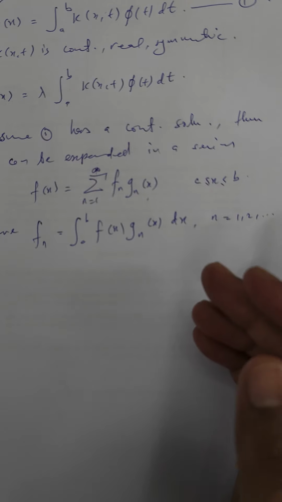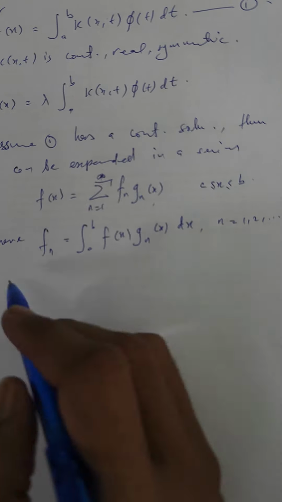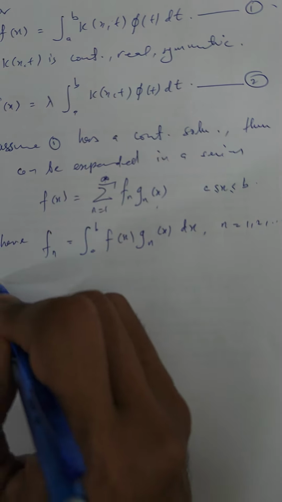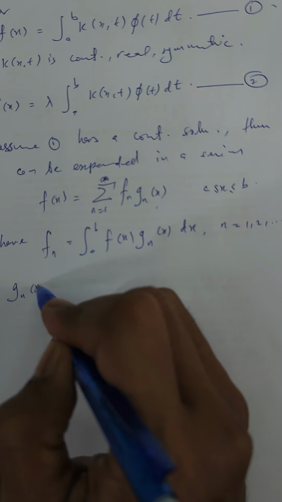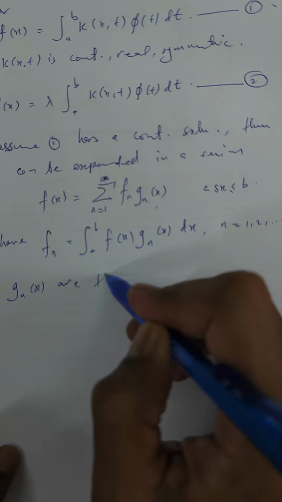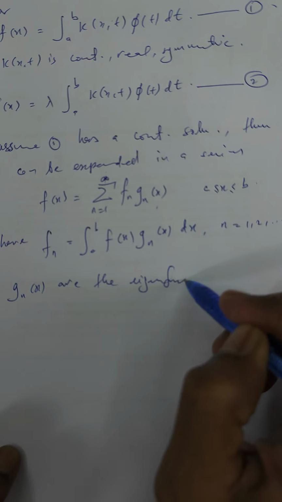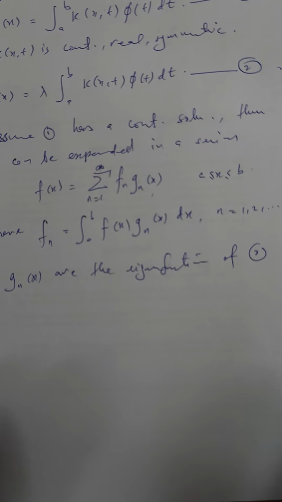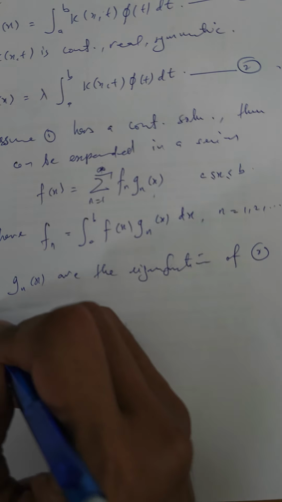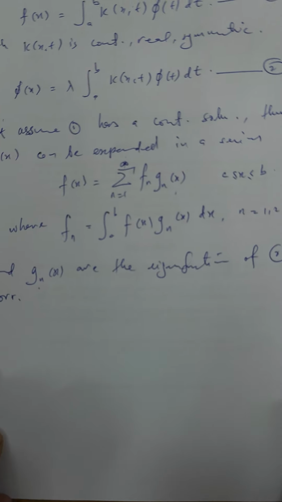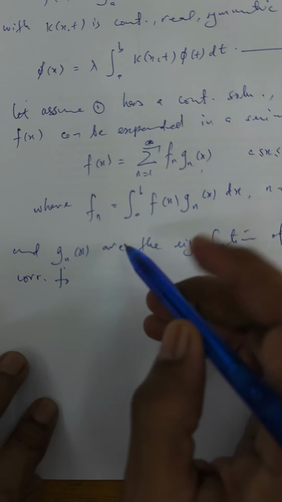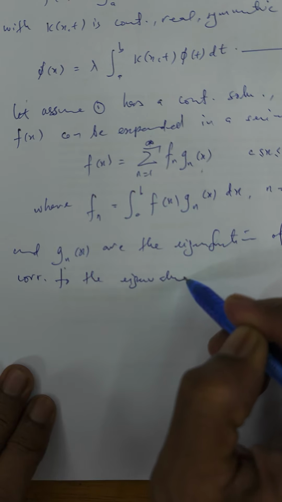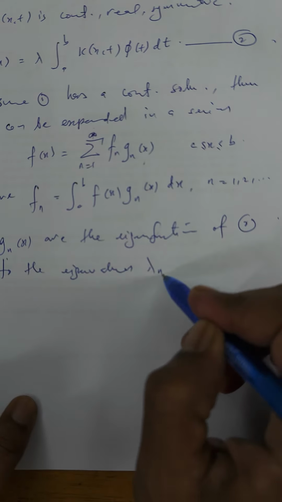And g_n(x), let's call this equation 2, are the eigenfunctions of 2 corresponding to eigenvalues lambda_n.